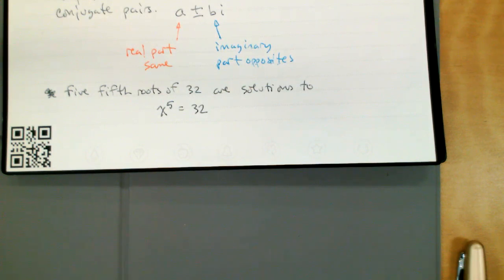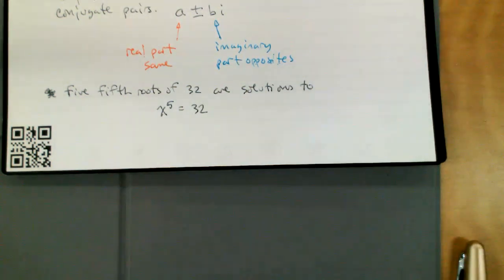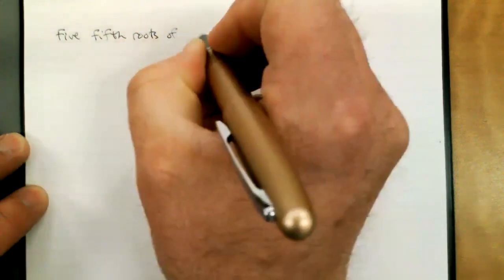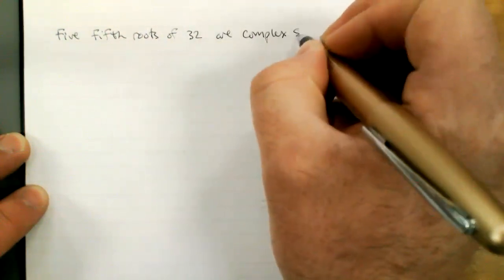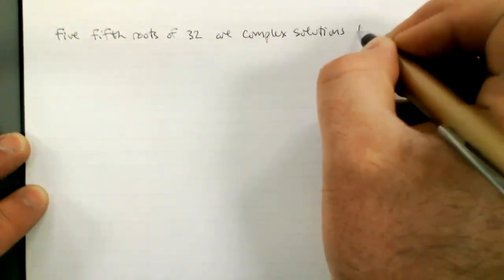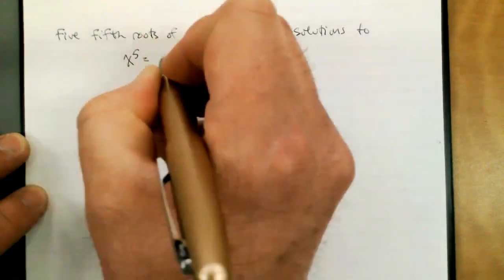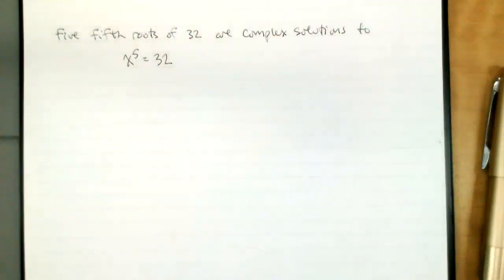Now I'm back to algebra. So the fifth roots of 32 are the complex solutions to this equation, x to the 5th is 32.